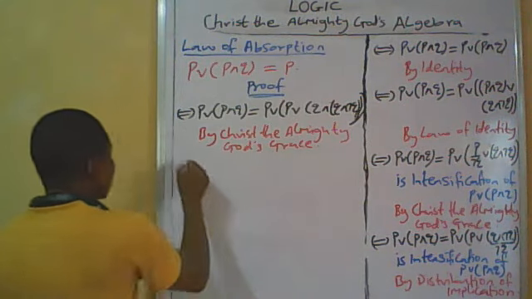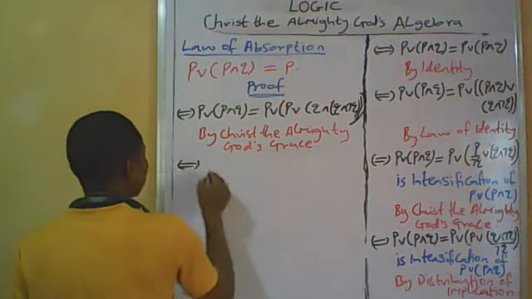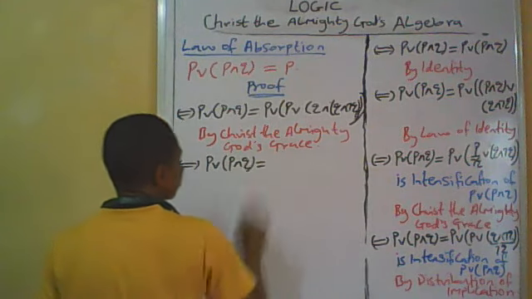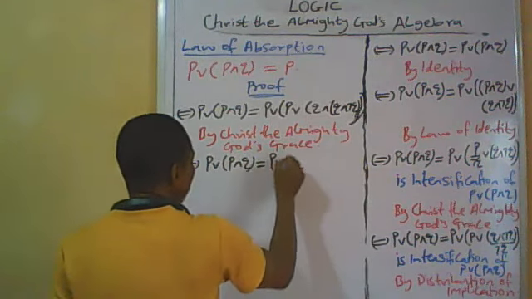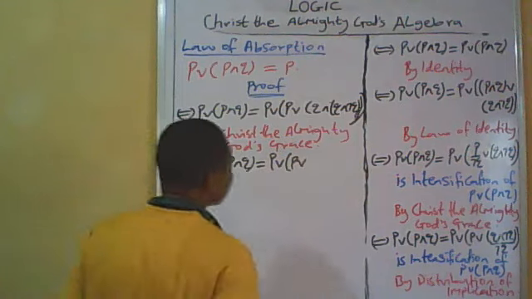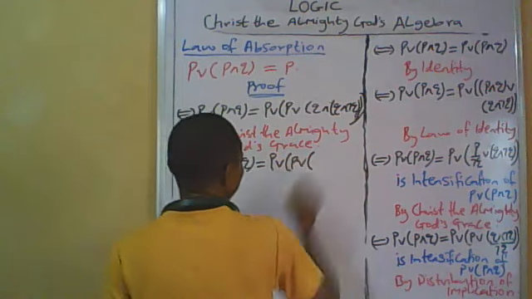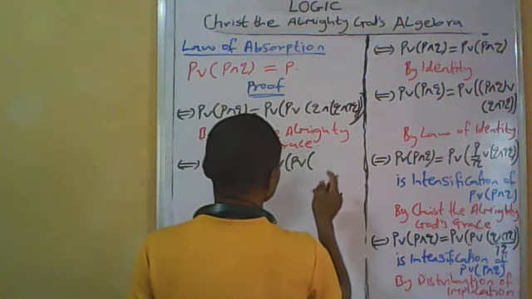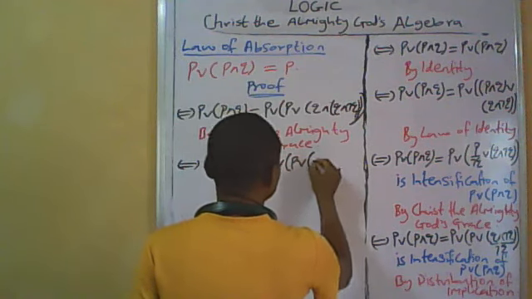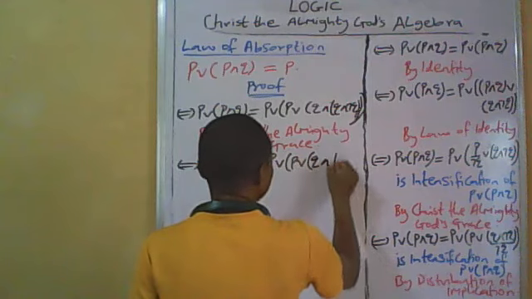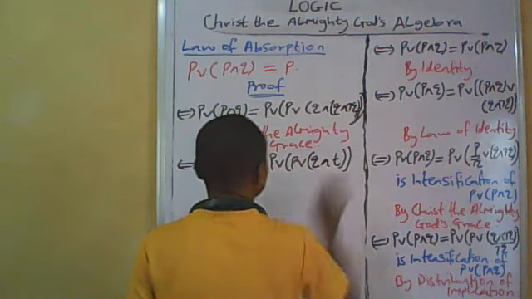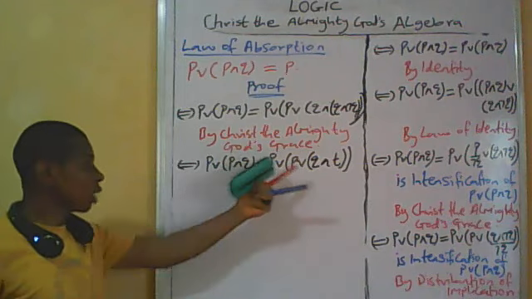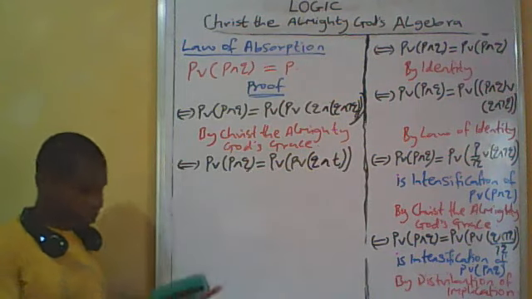So if and only if P or bracket P and Q is equal to P or bracket P or bracket Q and not Q, and the complement law, because they are still equivalent, the two sides of the equation are still equal to each other.